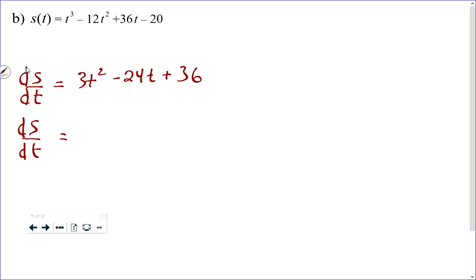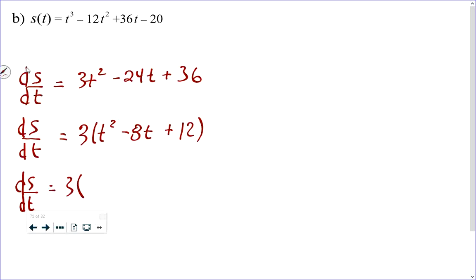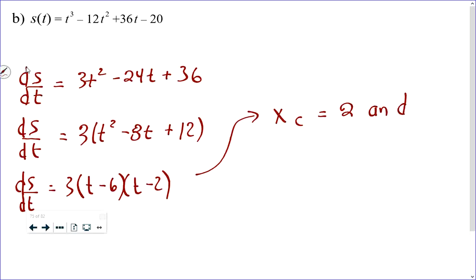I can take a 3 out of this and be left with t squared minus 8t plus 12. And this factors further into 3 times t minus 6 times t minus 2. What does that mean? It means we have two critical values, 2 and 6.